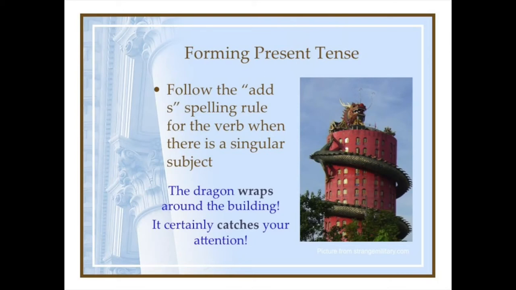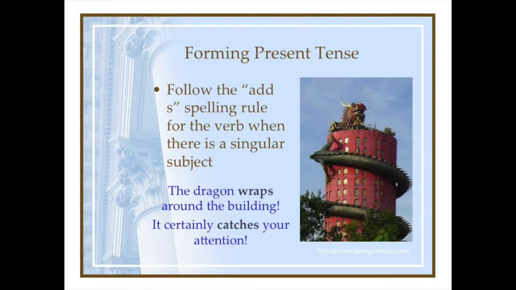This is a picture of a temple that you can actually see in Thailand if you ever go there as a tourist. My sentences are, the dragon wraps around the building. It certainly catches your attention.